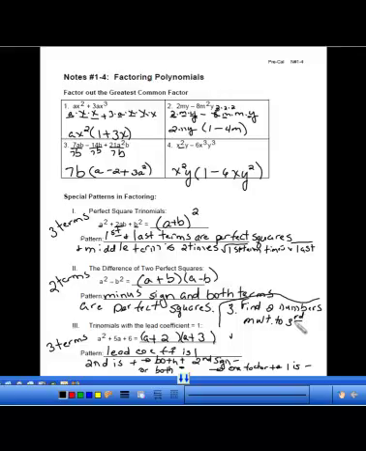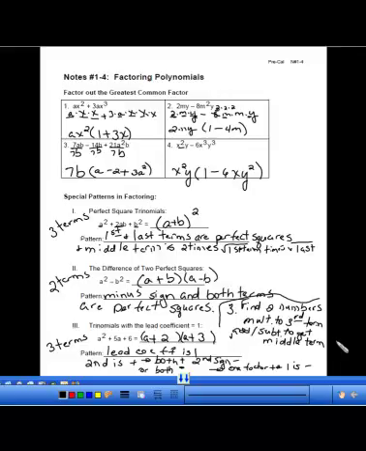In this case is 6. And then they add or subtract. If it's a case where the second sign is negative, they'll subtract. They add or subtract to the middle term. And I apologize for my writing. My pen is not writing well, and my hand is going numb.